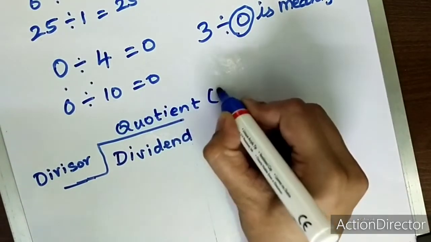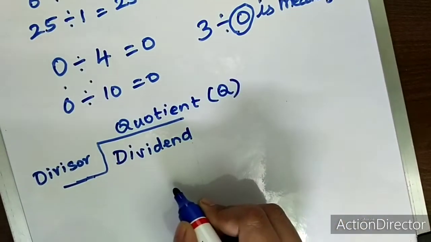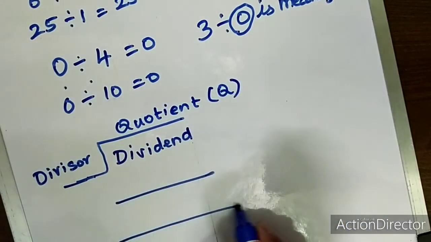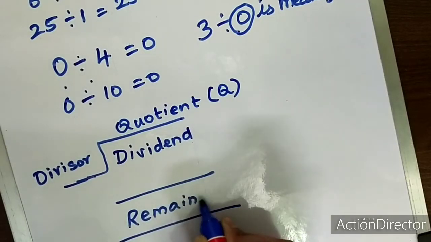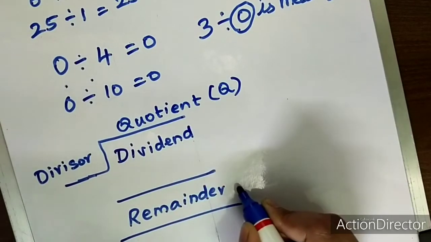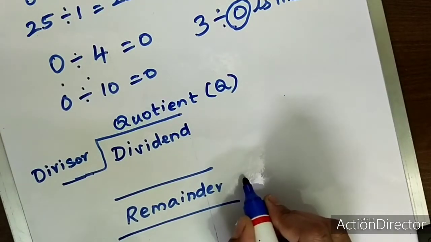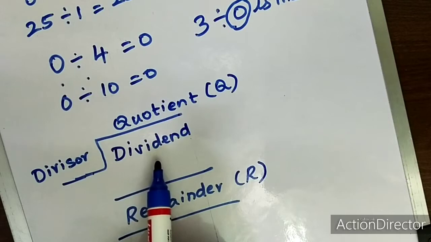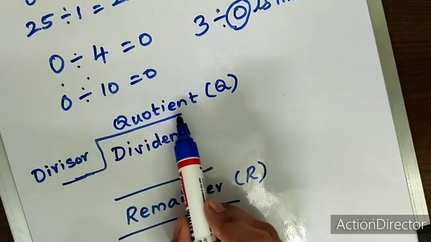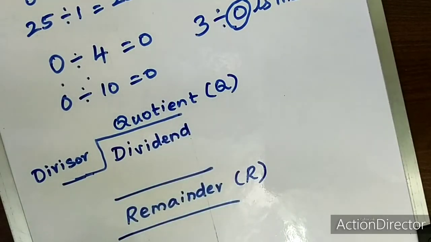Quotient is denoted as Q. Last one is the remainder. What is left is called the remainder, and it is denoted as R. So dividend, divisor, quotient and remainder: these are the things you should remember in division.